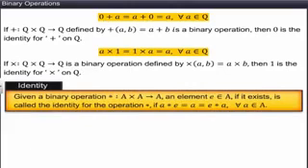Mathematically, an identity for a binary operation star on A is an element E in set A such that A star E is equal to E star A is equal to A for all A in set A. Now, what if we get an identity on associating two elements of set A under the operation star? The answer leads us to a definition.